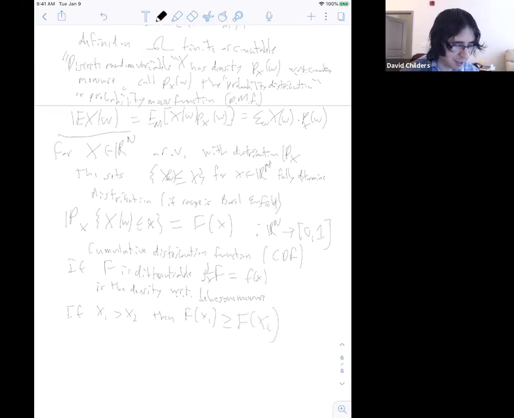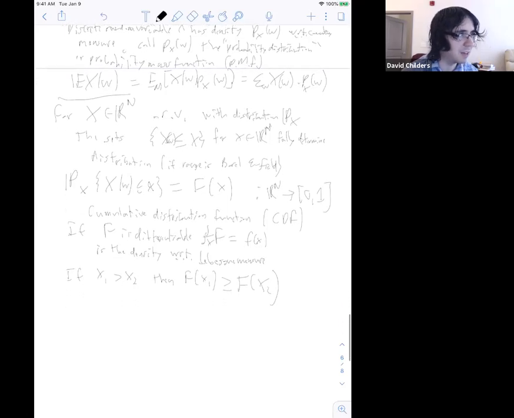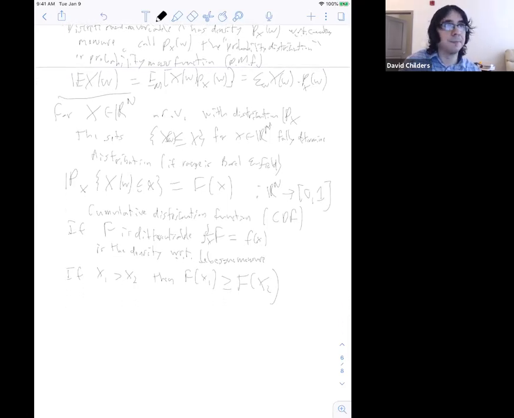And so this is a weakly monotone increasing function on Rn, is the other thing that we can say about a CDF. Okay.